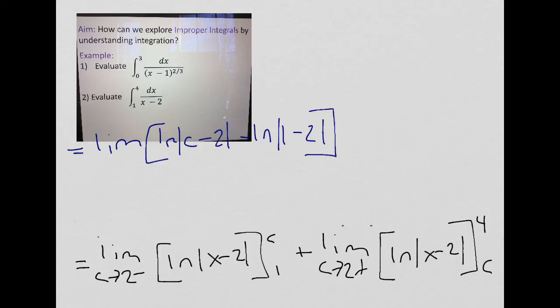The reason I kept it right now is because we're hopefully seeing a little bit of an issue here. If you take a look at this right here, this is going to be the ln absolute value of -1. All right, you should know we're not going to be able to evaluate that.